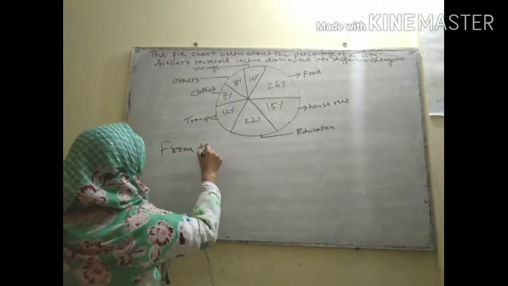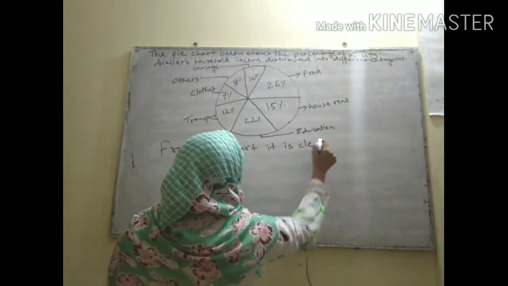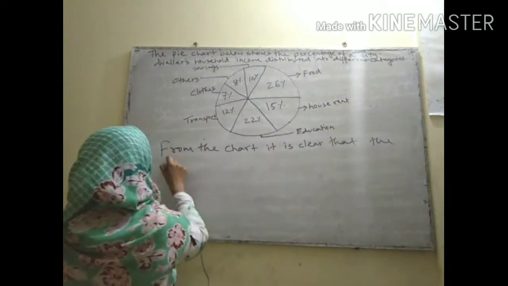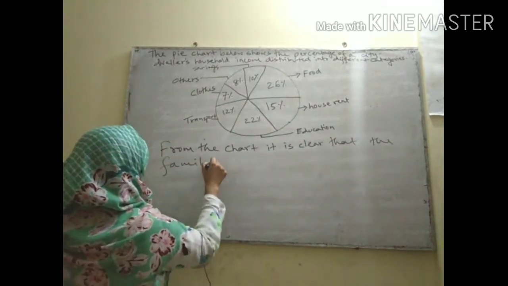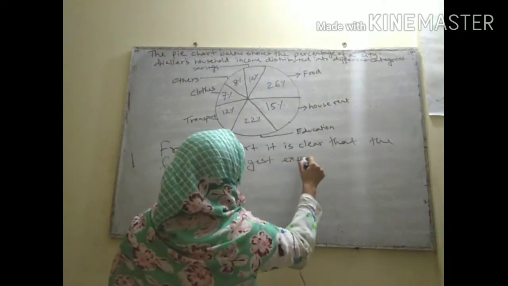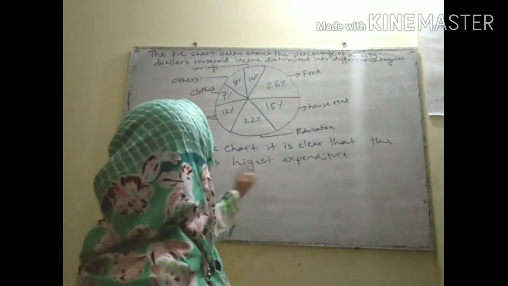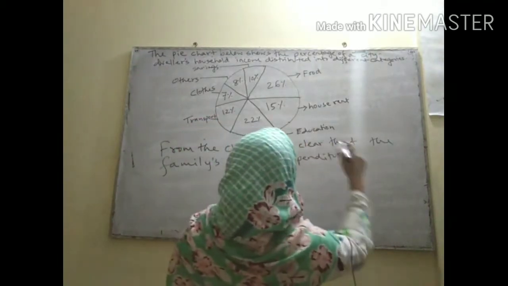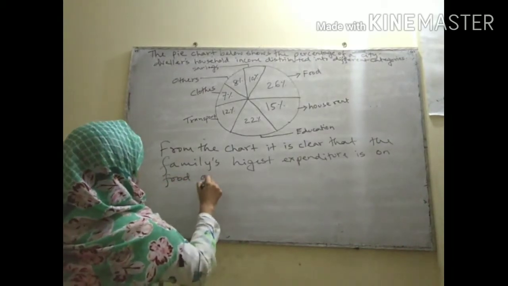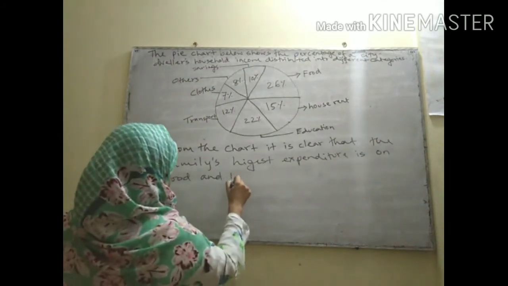From the chart, it is clear that the family's highest expenditure, means ব্যয়, so the family's highest expenditure is on food and lowest expenditure is on clothes.